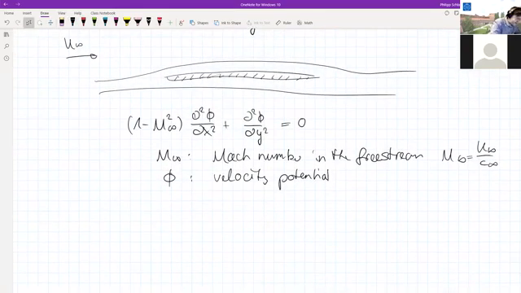That's one way of writing the velocity field as a scalar. Essentially, it means that u, the x velocity, would be the x derivative of this phi, and v would be the y derivative of this phi. So that's the velocity potential. So this here is the Prandtl-Glauert equation, and as I said, it's typically used for rockets and things like that.